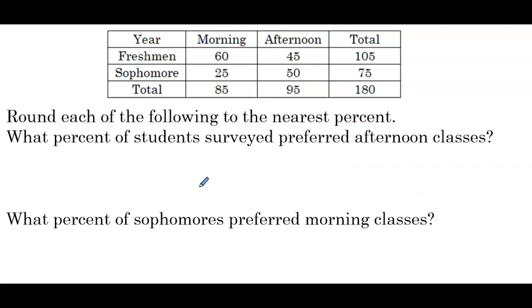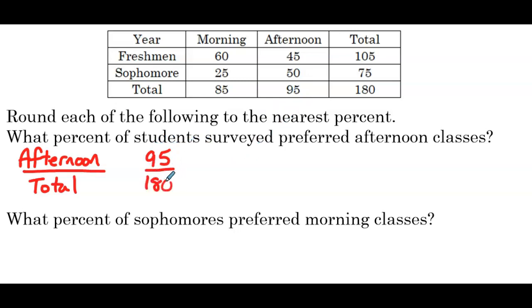Working with that same table, round each of the following to the nearest percent. What percent of students surveyed preferred afternoon classes? Okay, so percent is part over whole. So for this percentage, we want the number of students that preferred afternoon classes over the total number of students. Okay, so we'll say afternoon over total. Okay, so finding those values, 95 students preferred afternoon classes.